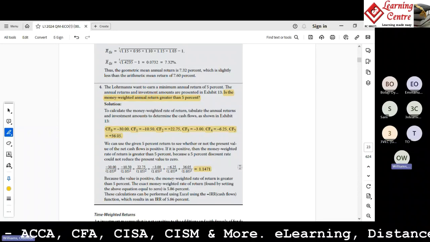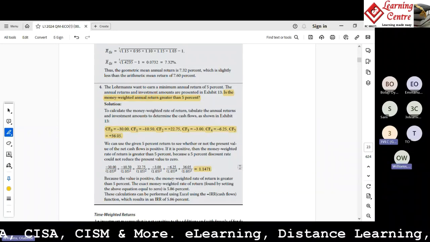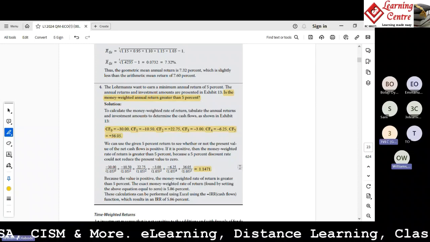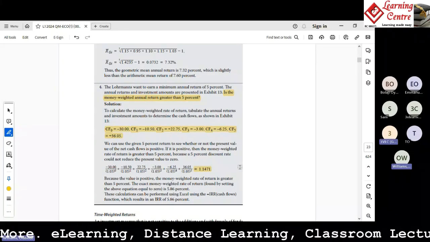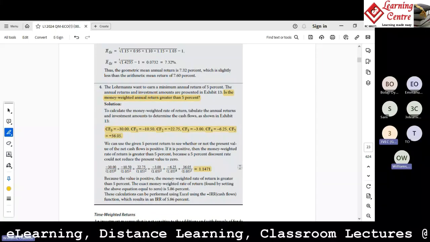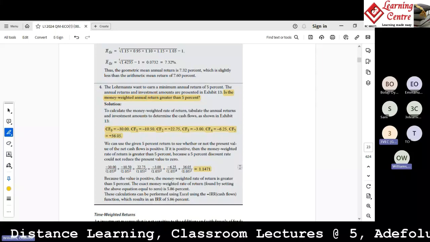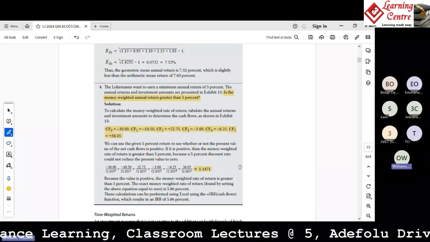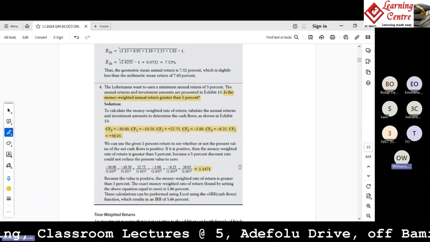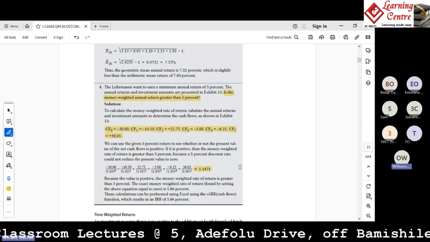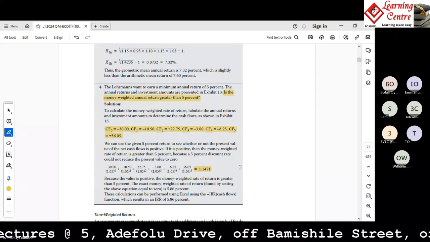Since the actual money-weighted return, IRR, has to give you 0, the actual IRR is higher than 5. So to answer your question, yes, this investment generates an IRR that is greater than 5. That is the question you want to answer.